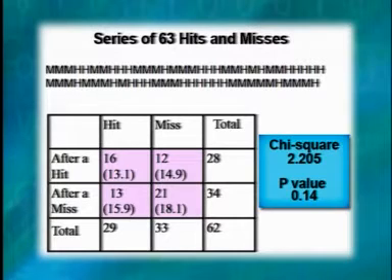Once again, the chi-square statistic is the method by which we compute how rare the disparity after hits and misses is in this data, and we see that the p-value for this is 0.14. Generally, in order to have the p-value be persuasive as a measure that something happened not by chance alone, we would require that the p-value, which is the probability of something that rare or rarer occurring, be less than 5%.